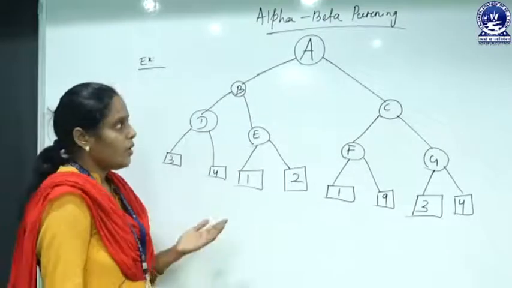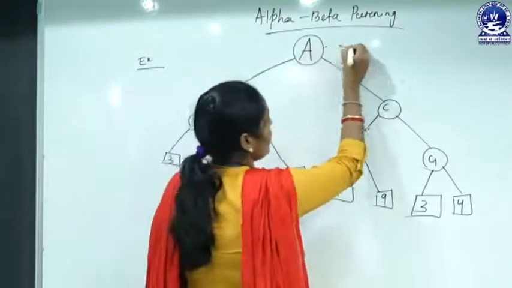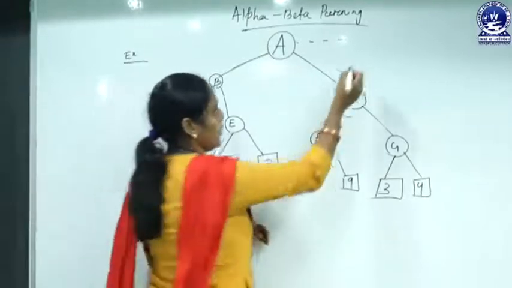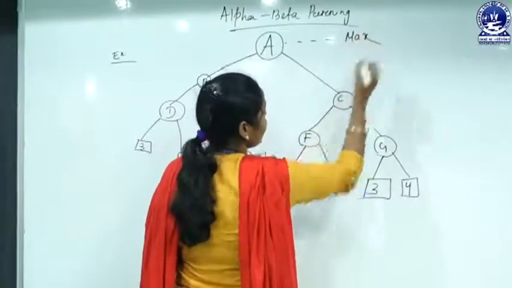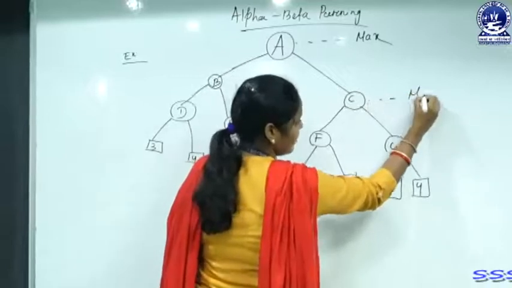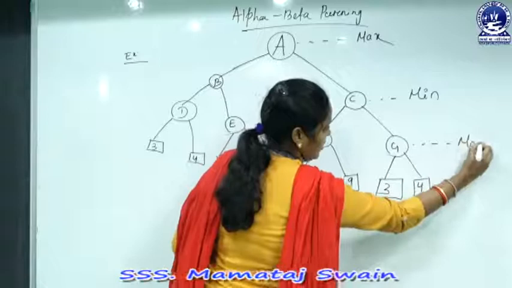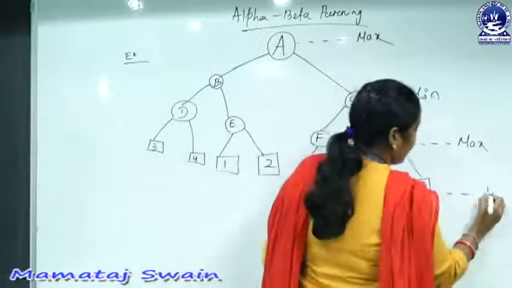Now here the initial node is the maximizer's turn, that means here I am taking max, then the next turn is minimizer, that means min, then again max turn, then these are the terminals.